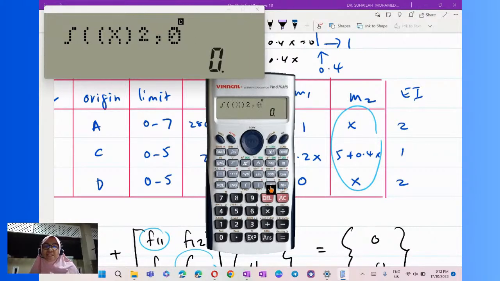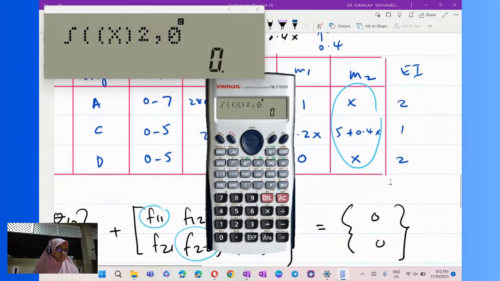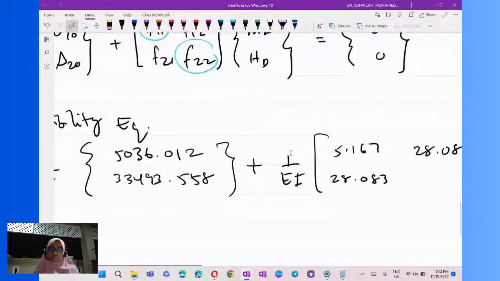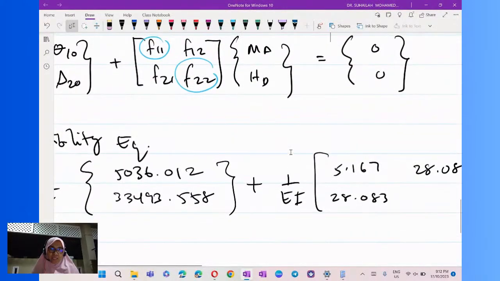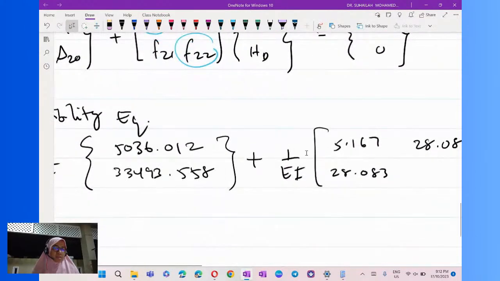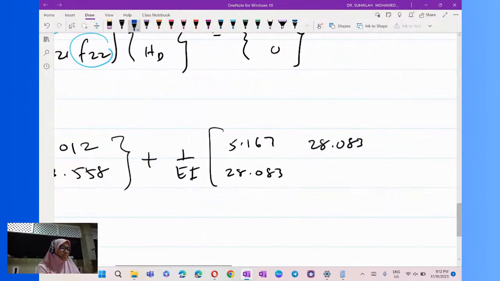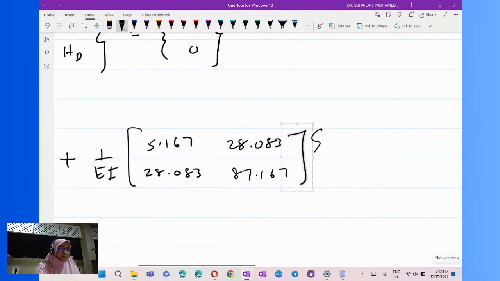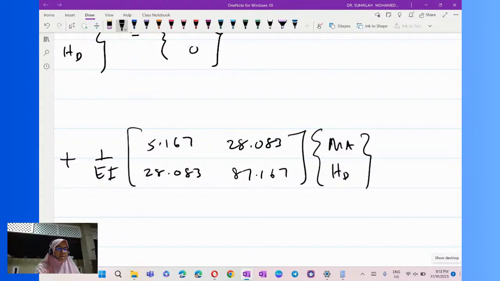The total is 87.167, yeah? Total including member CD. I just use the total including member CD. 87.167. So this one we times with MA and HD, and this is equal to 0.